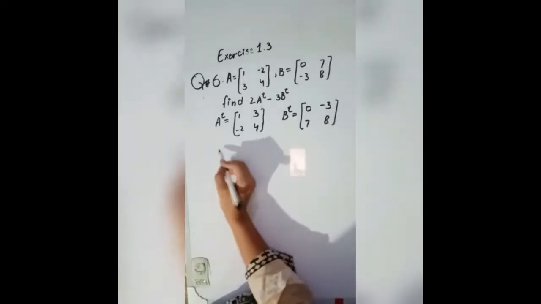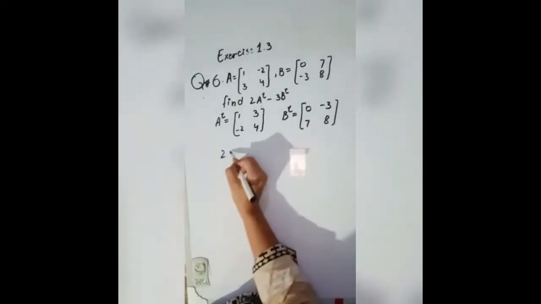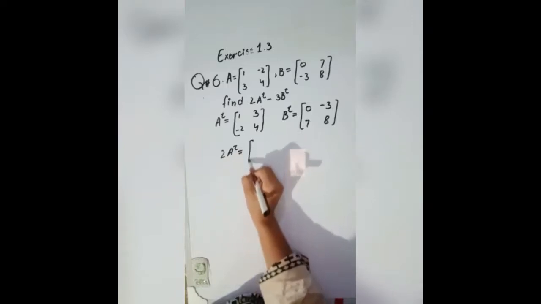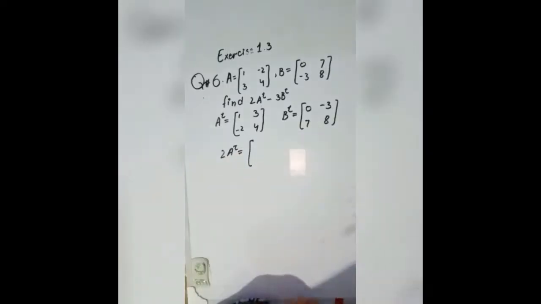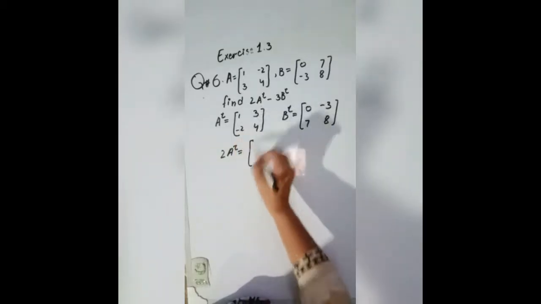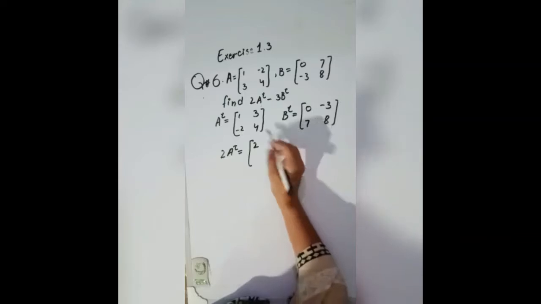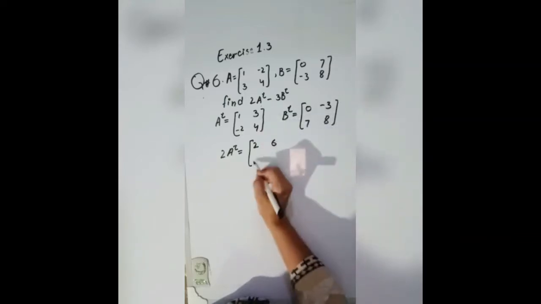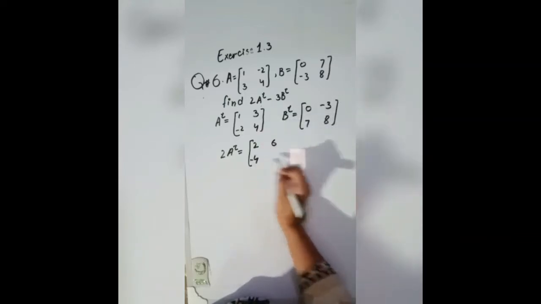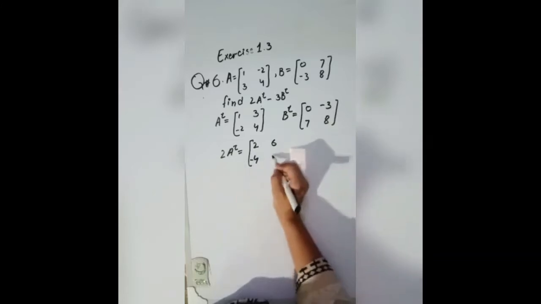Next step, we have to find 2A transpose. We have to multiply 2 with all the entries of A transpose. So here we get 2, 2 3s are 6, 2 2s are 4, which is negative 4, 2 4s are 8.